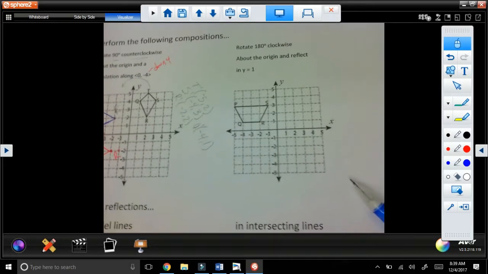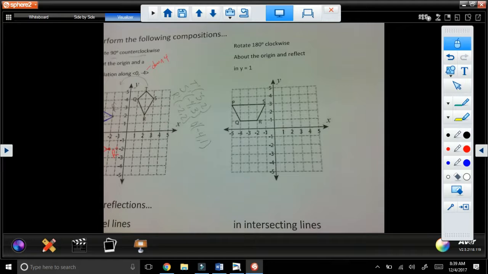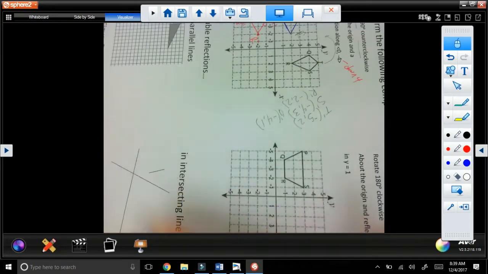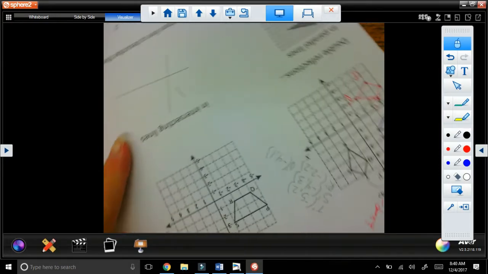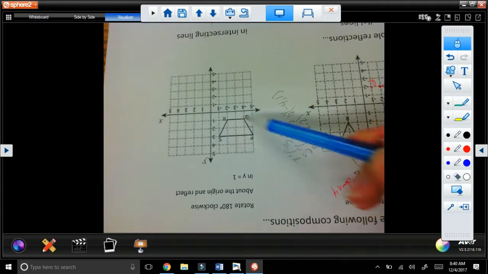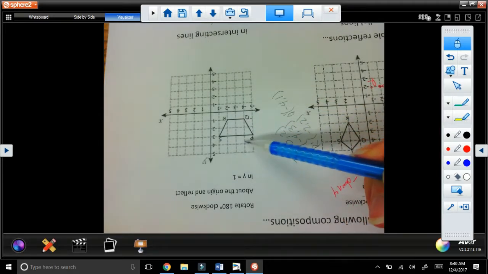Okay, and then the last example, we want to rotate that 180 degrees clockwise. Again, for 180, it doesn't really matter if you're going clockwise or counterclockwise, but I'll go clockwise just for the sake of this example. So this would be 90, and then we have 180 here. It looks like this is now down here in the fourth quadrant.